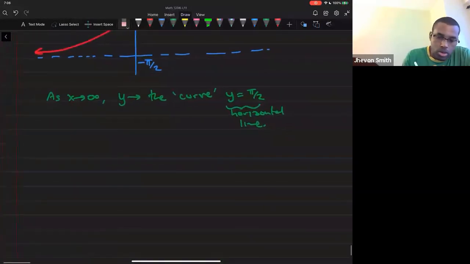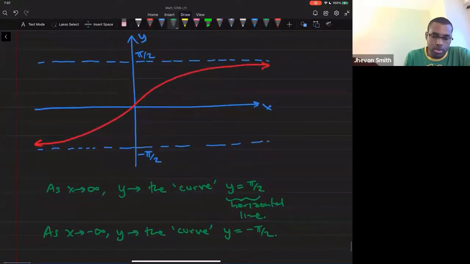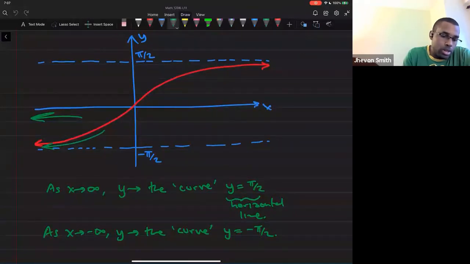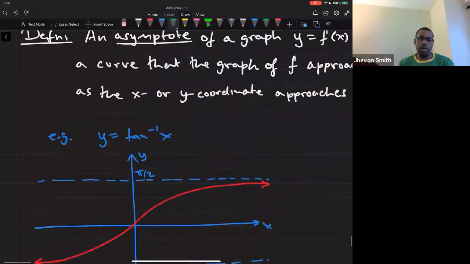You can also go the other way. You can notice that as x approaches negative infinity, your y value will approach the curve y equals minus pi over 2, which is also a line. And as x goes to negative infinity, your graph is approaching this curve, minus pi over 2.